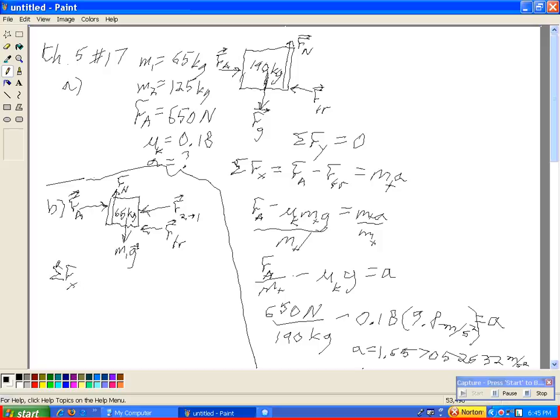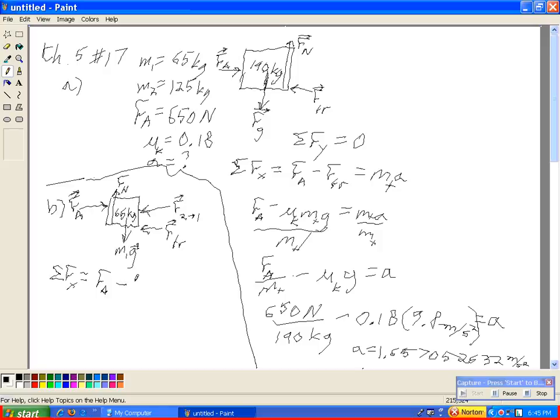Sum of the forces, this is sigma, sum of the forces in the x direction. Well, the biggest force is probably the applied force, so I'm going to put that first. That's going to be a positive number. I'm going to choose positive to be going to the right and negative to the left.